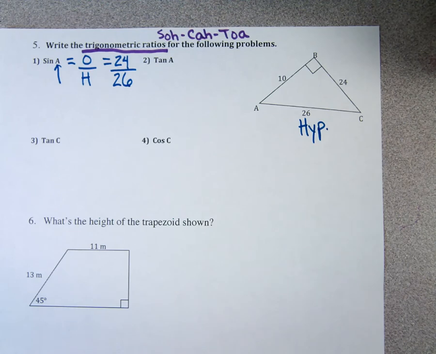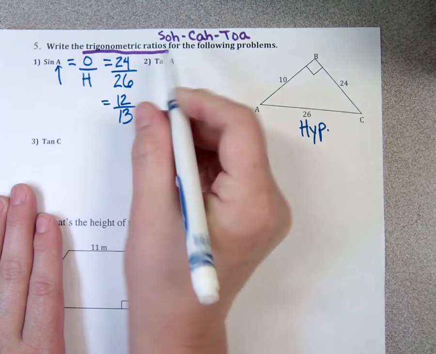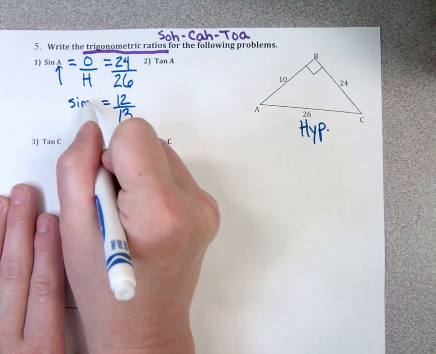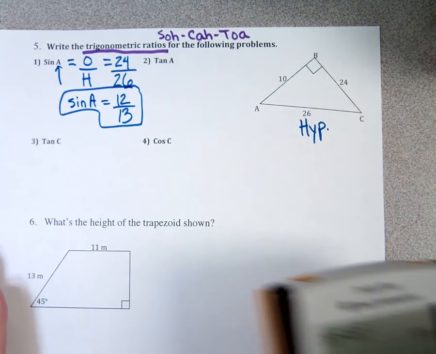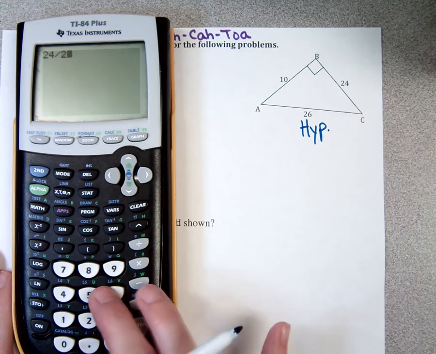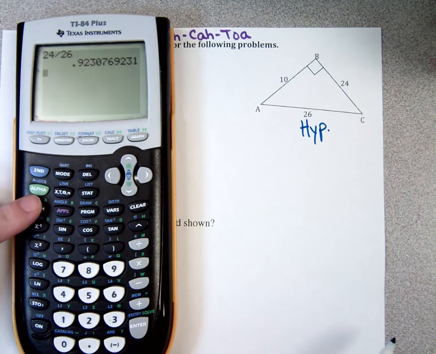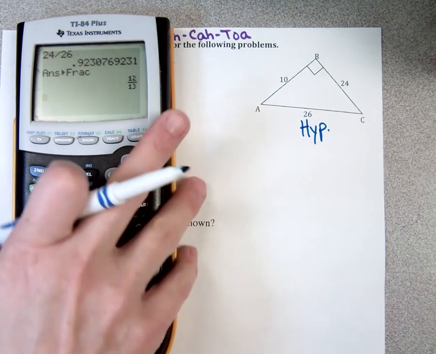If I reduce that down, I would get 12 over 13. I just divide both of those by 2. And that is the sine of angle A. Now, if you want to see my calculator reduce, I go 24 divided by 26, and then math, enter, enter, and your calculator can reduce for you.